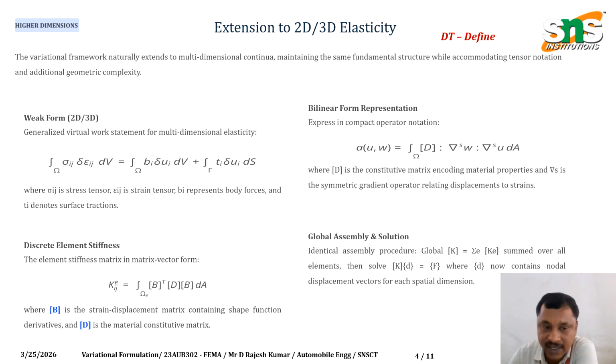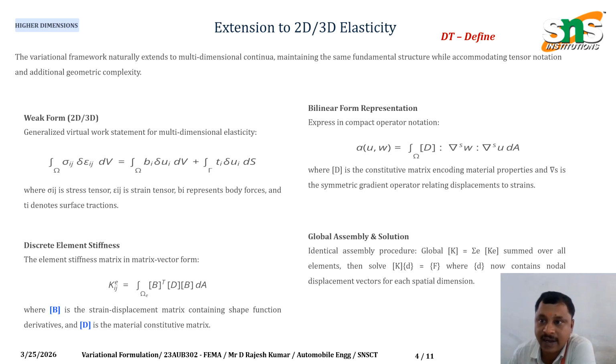And if you see, the structure is identical to 1D, that is, internal virtual work equals external virtual work. For linear elasticity, here D indicates the relation between the stress and strain, right?